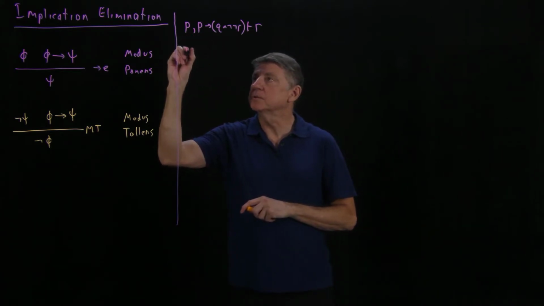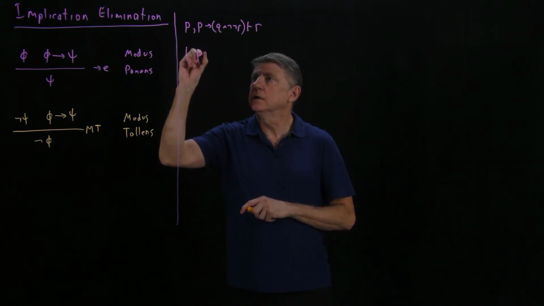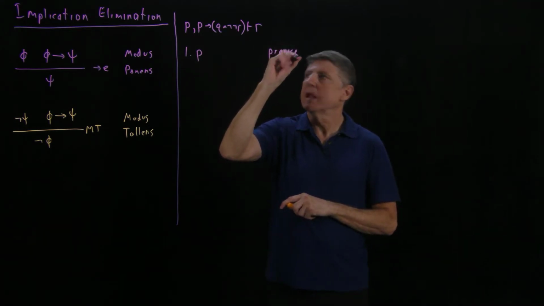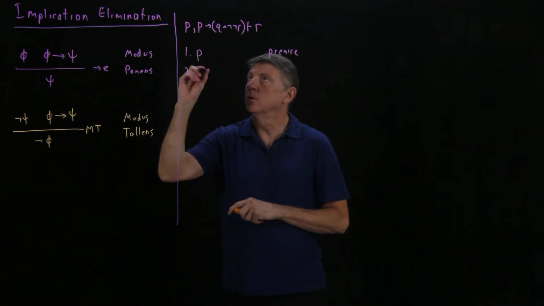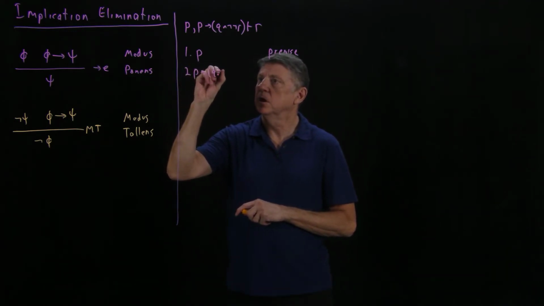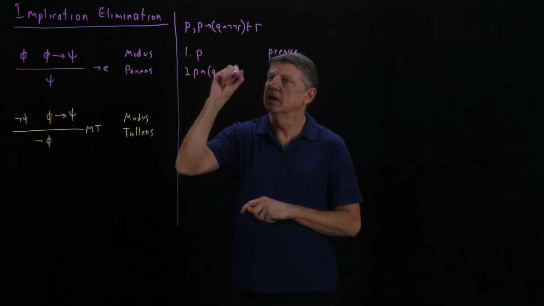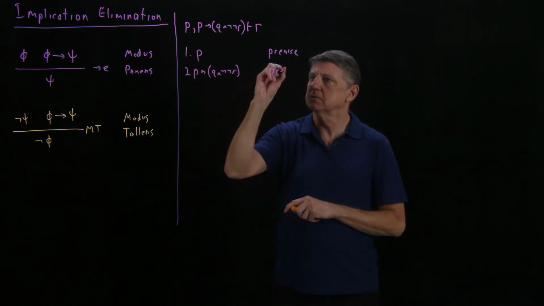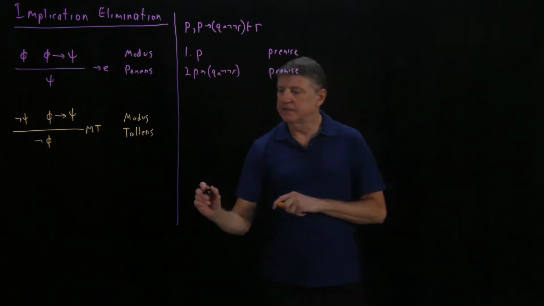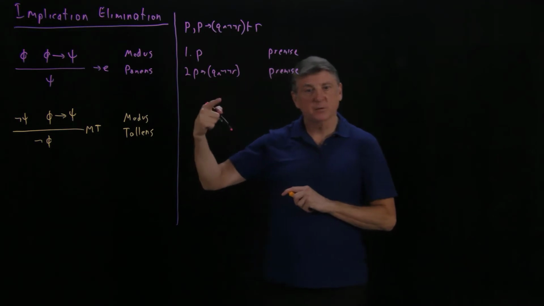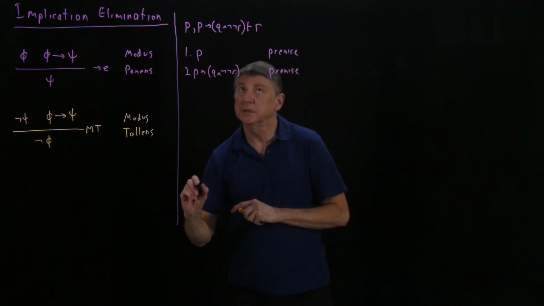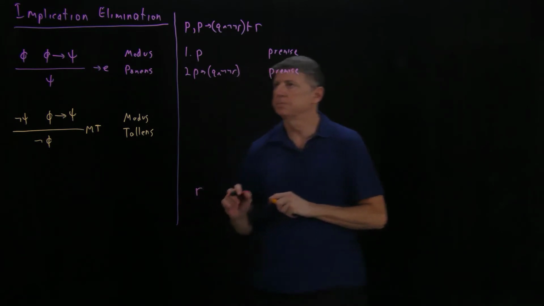Now we have two premises, so this would be one is P, that's a premise, and two, we have P implies Q and the double negation of R, so that's a premise. I always write the conclusion so that I can employ forward reasoning and backward reasoning as I need. And here, my conclusion is simply R.